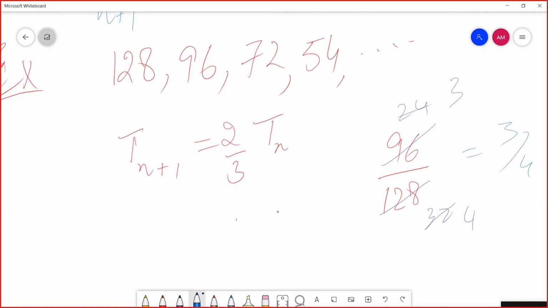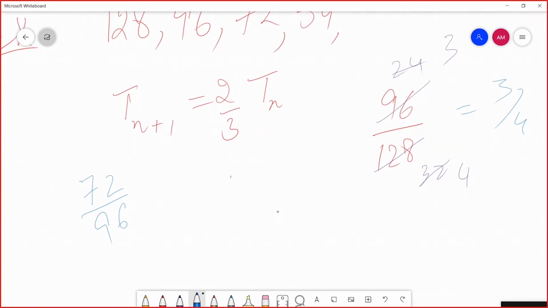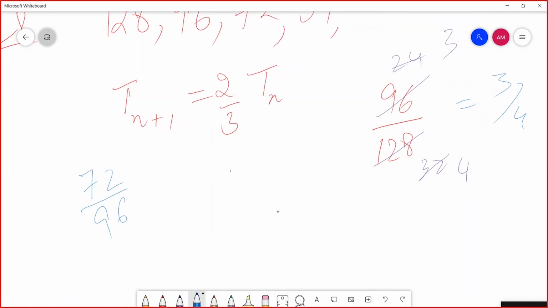Let's take another so we are doubly sure: 96 and 72. What do you have to divide by what? 72 divided by 96. Normally we see what the common factors are. For example, 4 is a common factor.